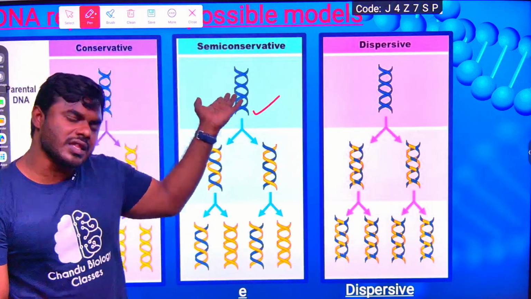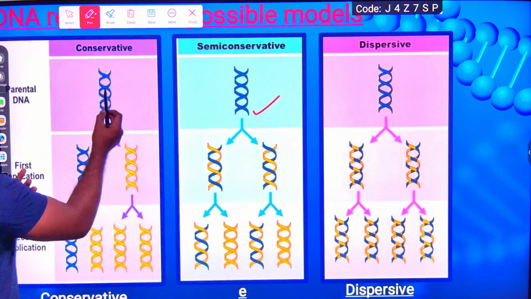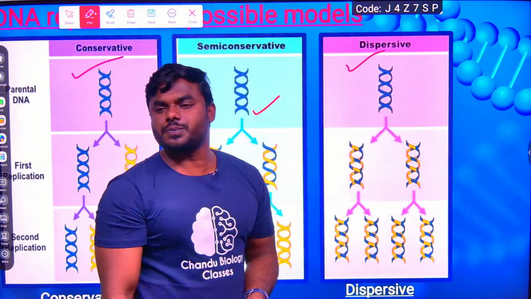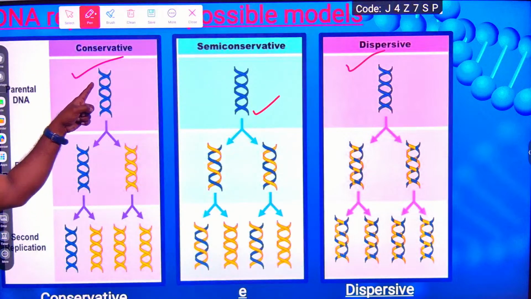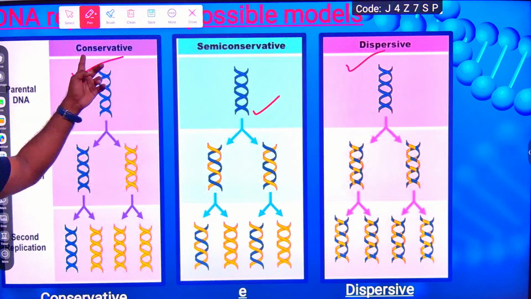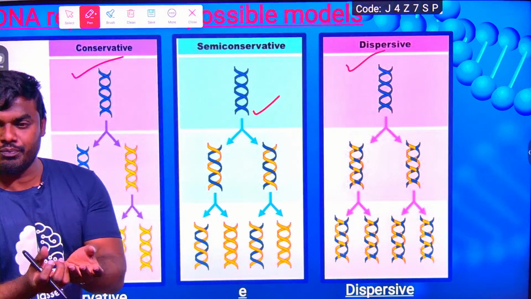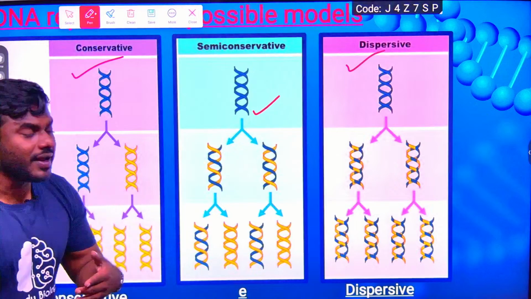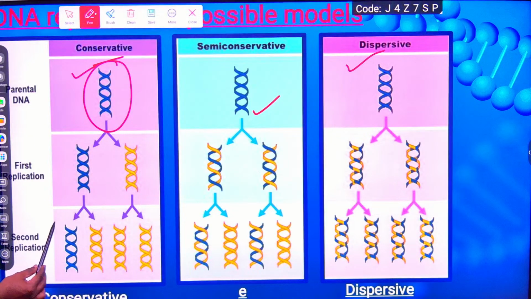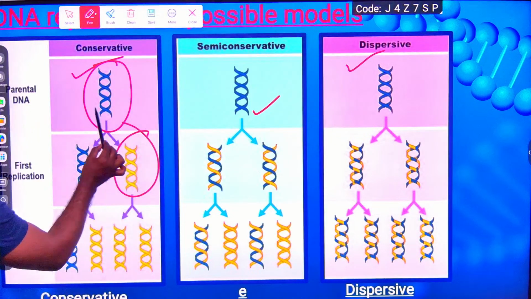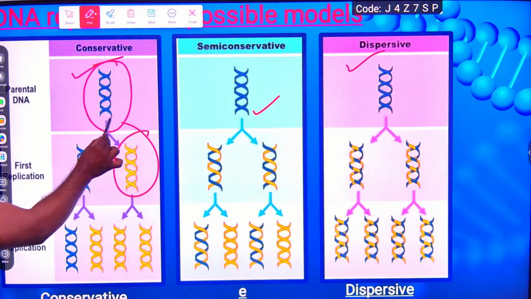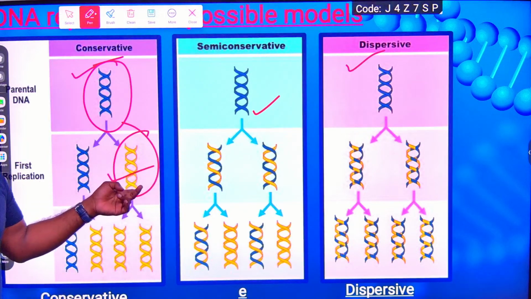So by opposing this model, other people proposed other models: the conservative model and the dispersive model. What exactly is the conservative model? As the name itself indicates, conserving, preserving. They said that the entire parental DNA will be conserved or preserved, and it directly gives rise to the daughter DNA.